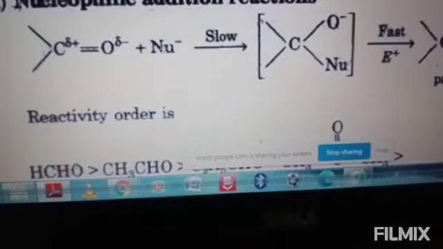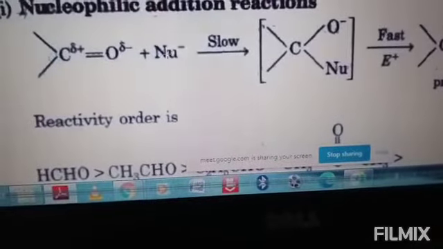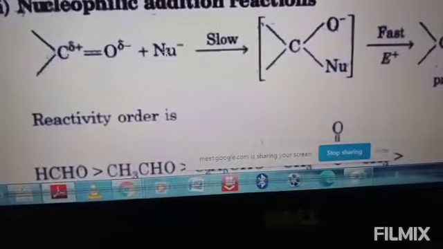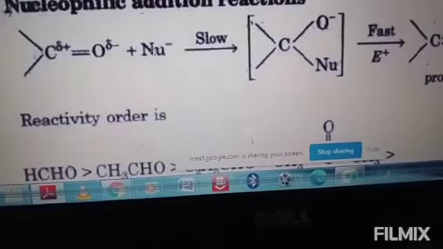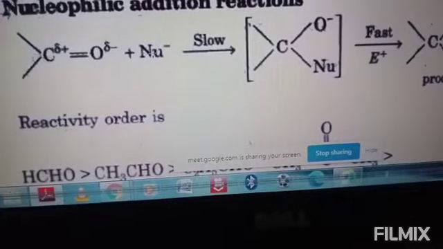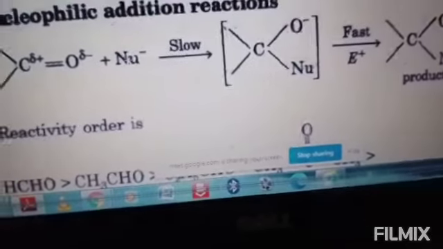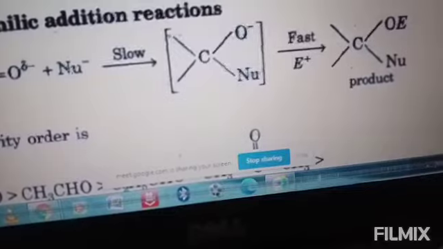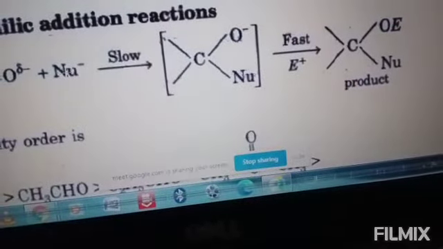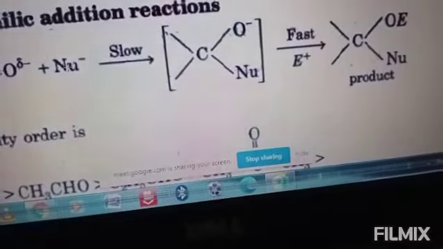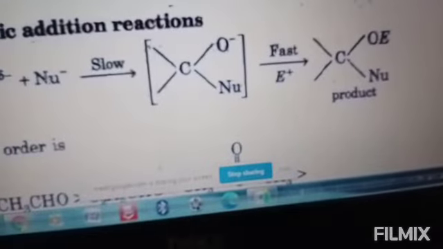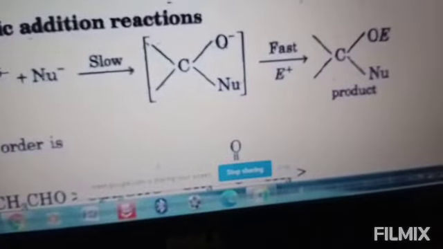This formation of the intermediate compound is a slow reaction. After that it goes to a fast reaction, that is the addition of an electrophile. If you add the electrophile, you will get the product as shown here in the nucleophilic addition reactions.